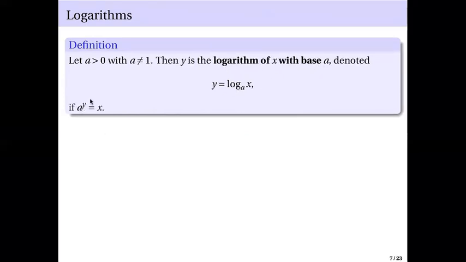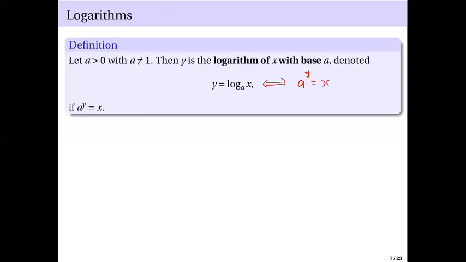This holds if a to the y equals x. So this expression holds if and only if a to the y equals x.